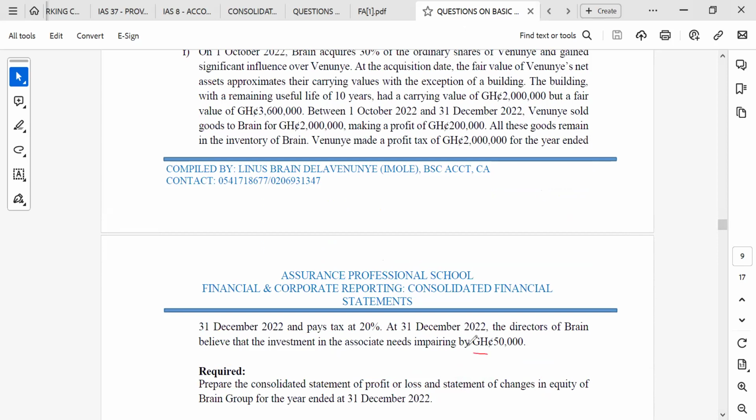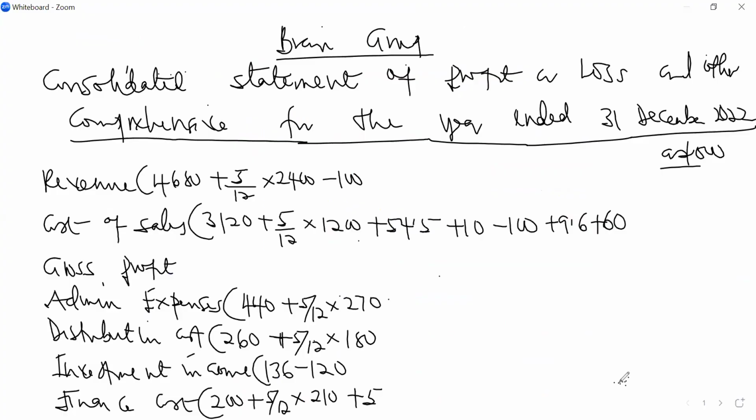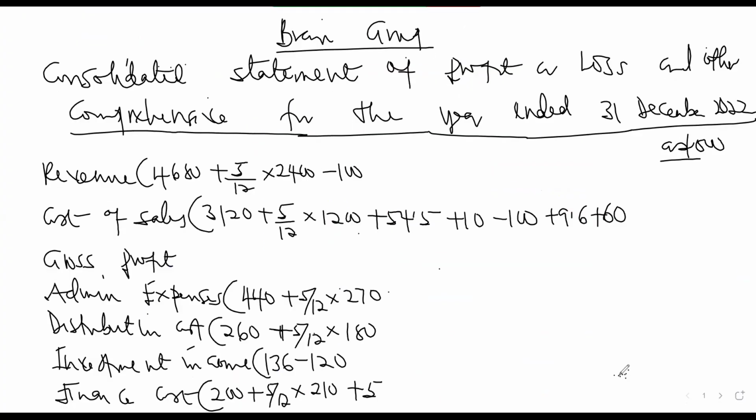So the parent will charge 50 as an impairment to the investments in the associates. Where are we adding it? Okay, go and add it to cost of sales because we have already added one impairment to cost of sales. So let's put our figures together because I want to show you how we share the profits.